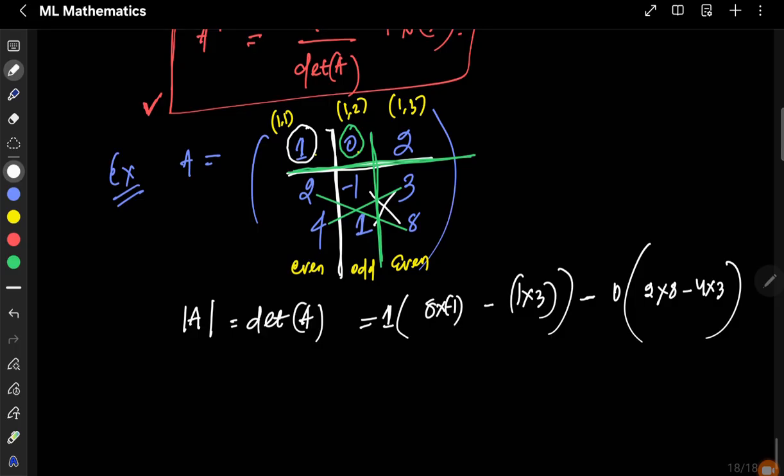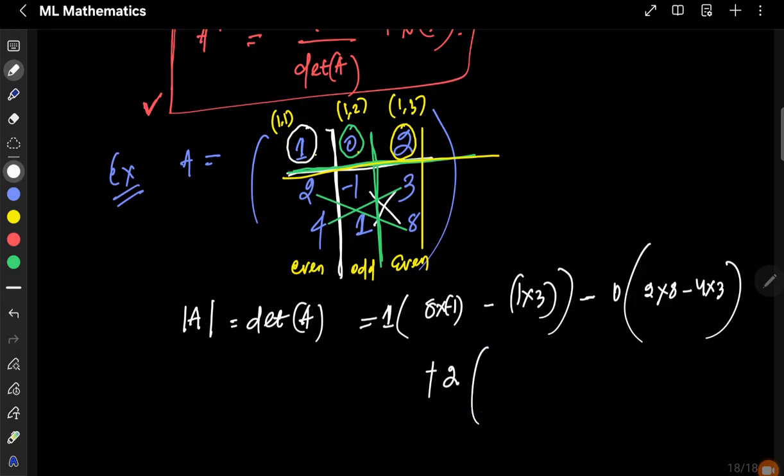Then again I'm going to go for the third one. The third one is this particular column and again the same row. The value is this one, 2, and because it is an even position, I am writing plus 2, multiply.